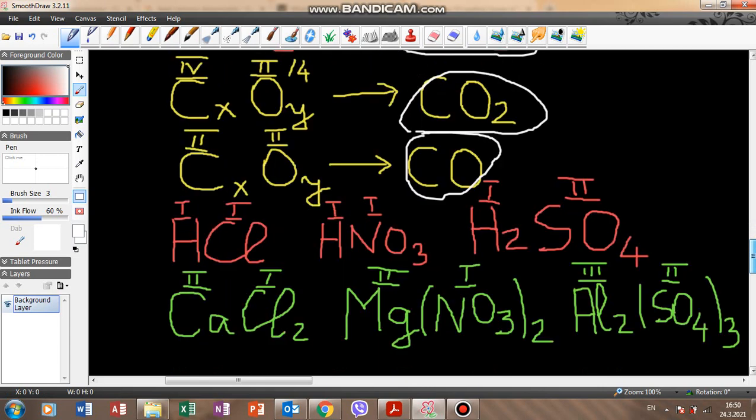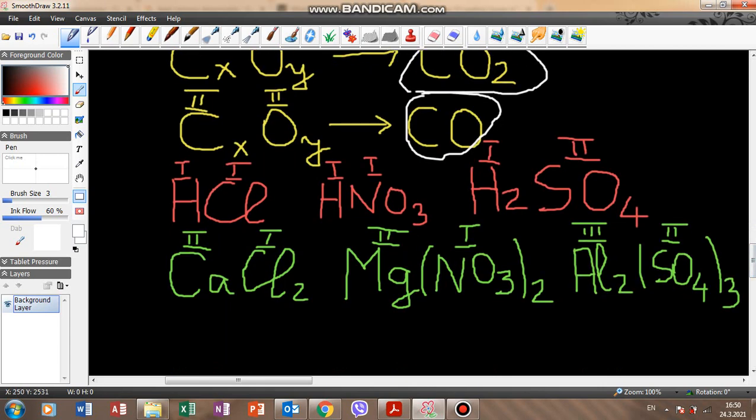Also, here I'm going to show you how you can calculate the valency number of elements within some compounds consisting of more than 2 elements, like these acids or some salts. For example, in hydrogen chloride, hydrogen has valency number 1, chlorine valency number 1.